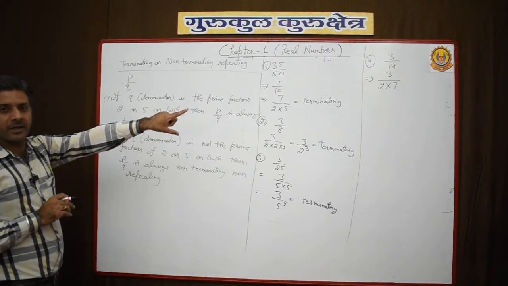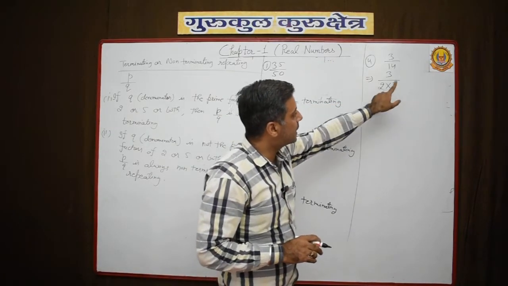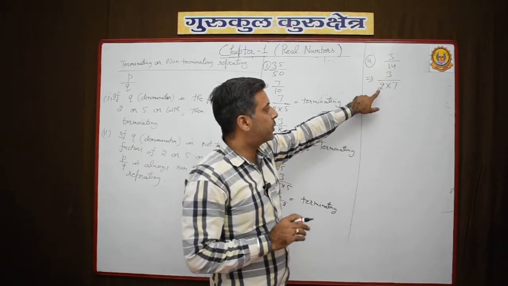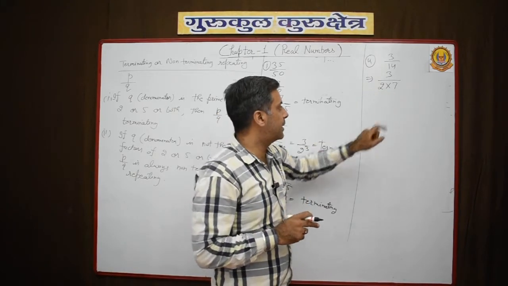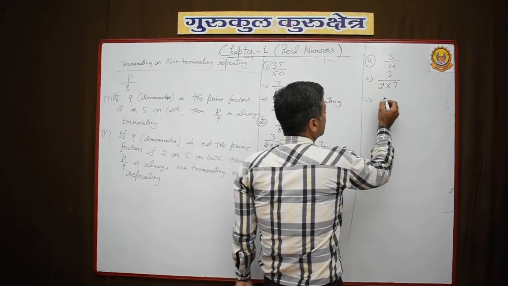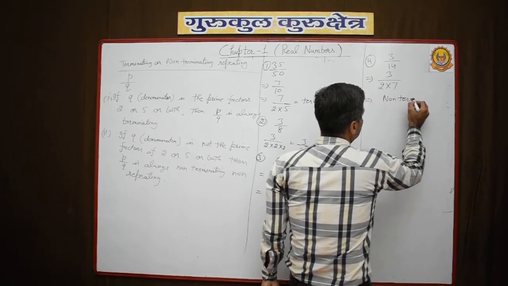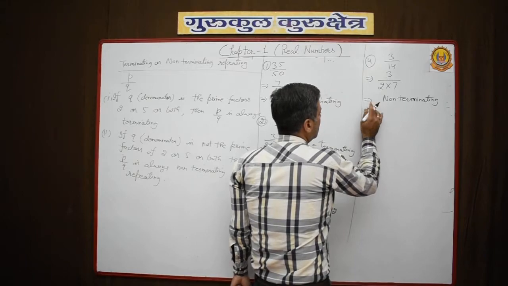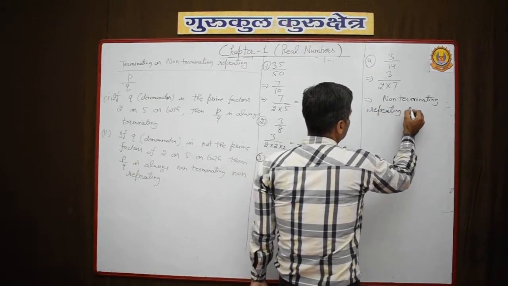Here 2 is a prime factor, but 7 is also a prime factor, so it should not be there. Either it should be 2, 5 or both. But here 7 is there. So it means this is not a terminating decimal expansion. This is a non-terminating repeating decimal expansion.